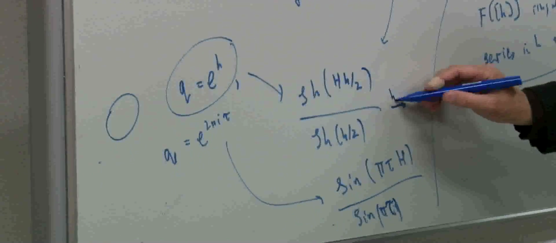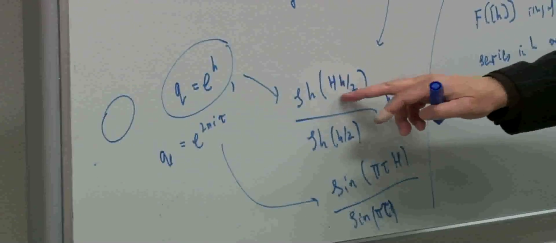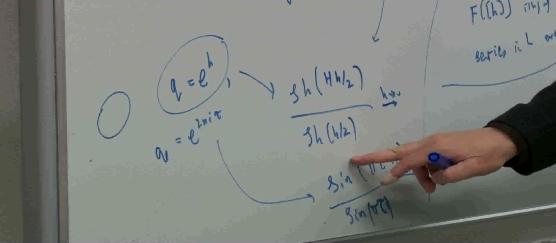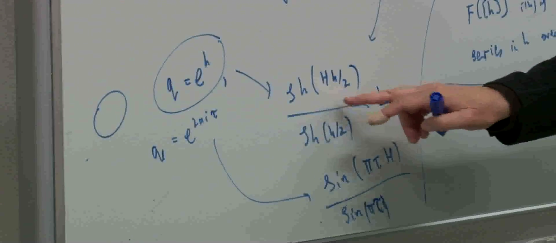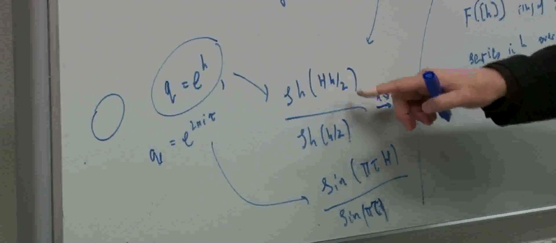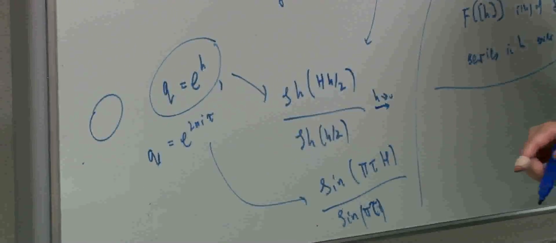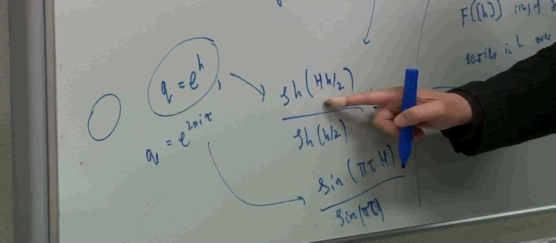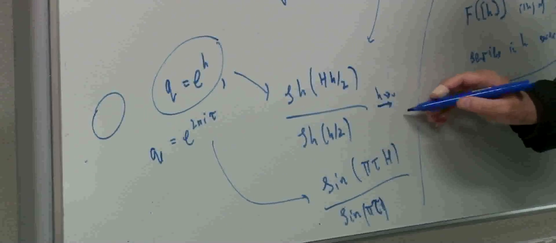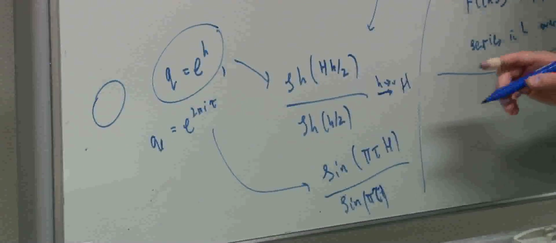Q goes to 1 when h goes to 0. What will happen? You have sine of 0 over sine of 0. Of course, you know from high school that if you have two sines going to 0, what will remain in the end is the relative thing which multiplies both. So that will go to h. So it will go exactly to what I had before.